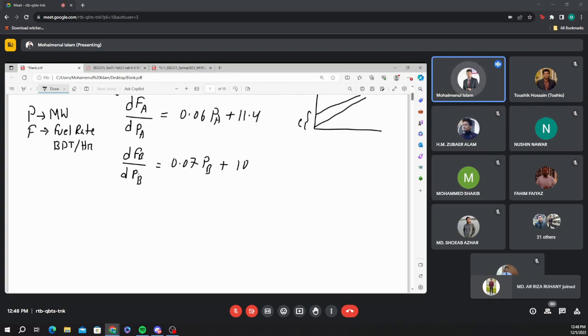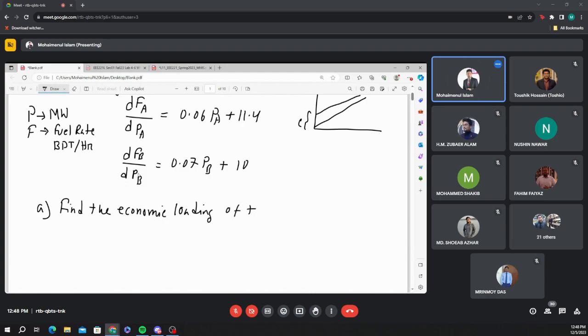So the question asks to find the economical loading of these 2 units. Another part is that these 2 generators actually supply a particular load, which is 150 megawatt.